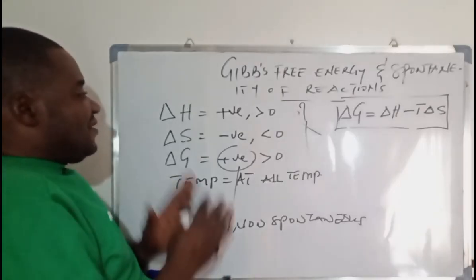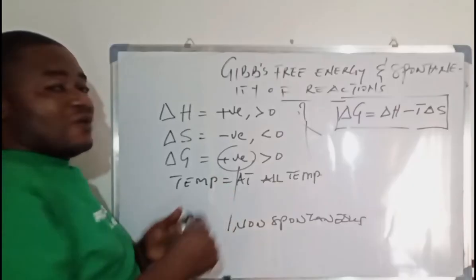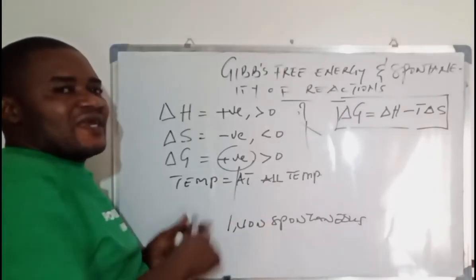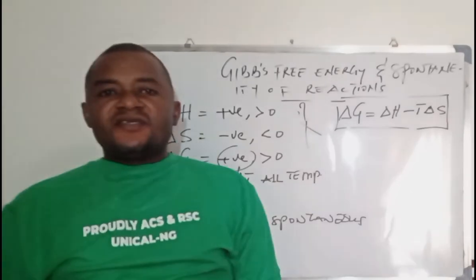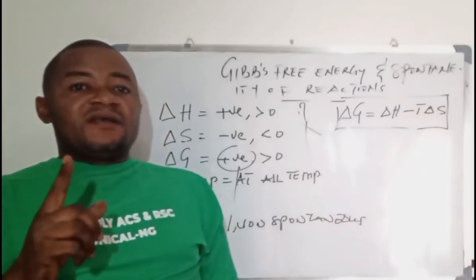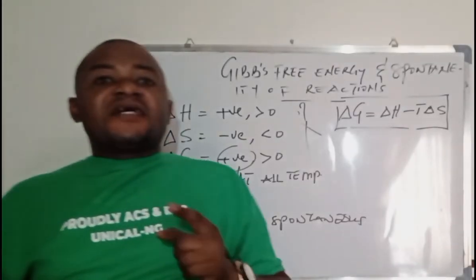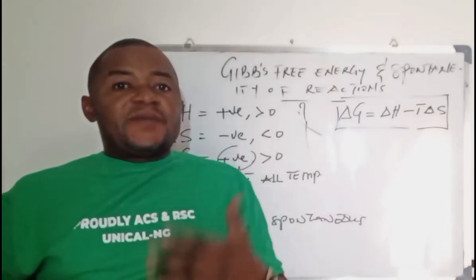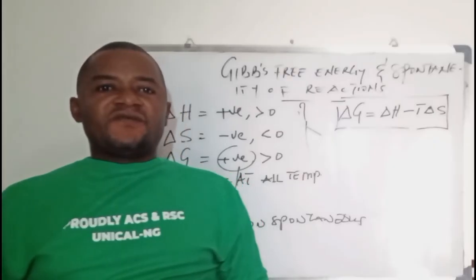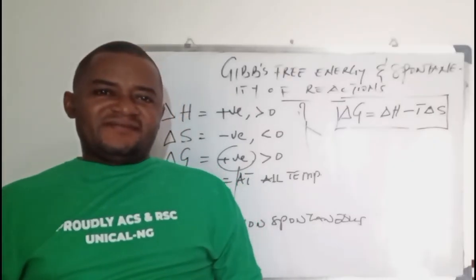So we have seen four good scenarios with which we can explain spontaneity of a reaction on the basis of the Gibbs free energy. And I tell you that the Gibbs free energy is the principal thermodynamic parameter among all these parameters that is used reliably in determining spontaneity of a reaction, because it is not tied to any condition.